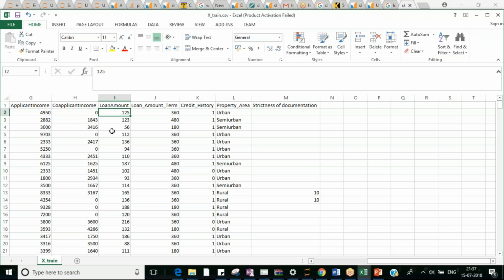For example, if someone is asking for 200,000 and your model says this person is going to default with 0.7 probability, then you ask what the model says when he asks for $50,000. Then the model says he might default with just 0.2, and then you are ready to disburse the $50,000.